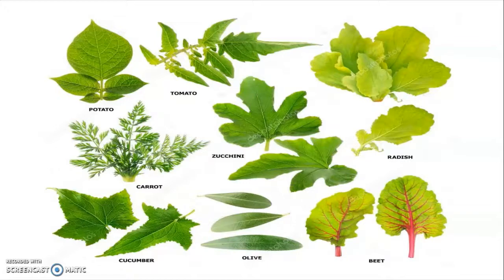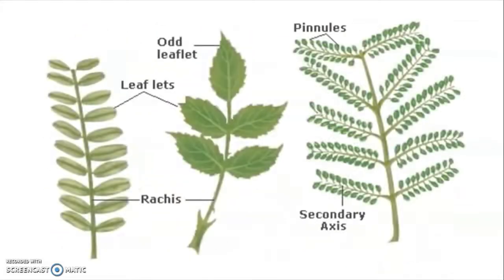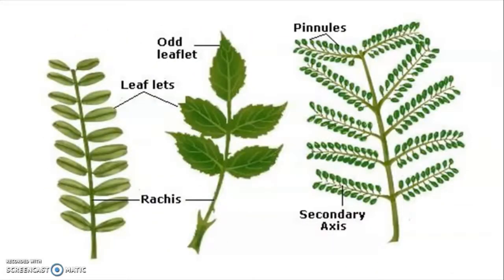I hope you learn a lot from this topic. Another example, leaflets. The first one is a compound leaf, the second one is a compound leaf, and the third one is a compound leaf because it's divided into two or more leaflets.